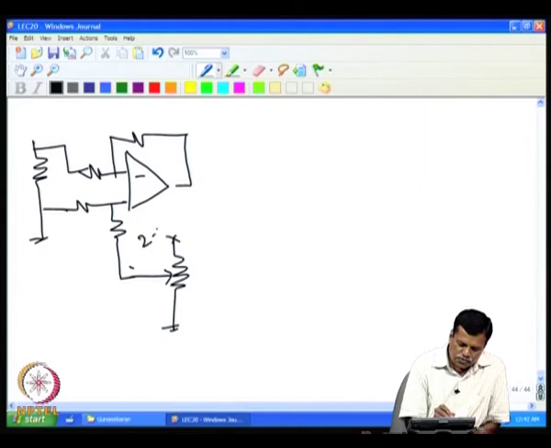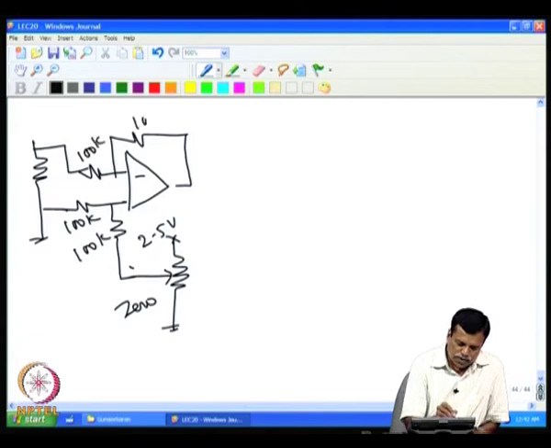And this is given to 2.5 volt. This is 0 part, and these resistors are essentially to be the same, 100 k or 470 k is also okay, to reduce the current drawn by the circuit.